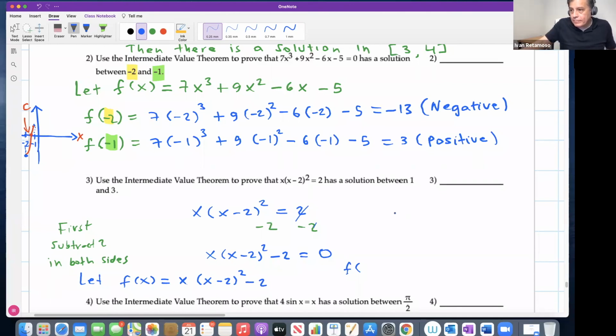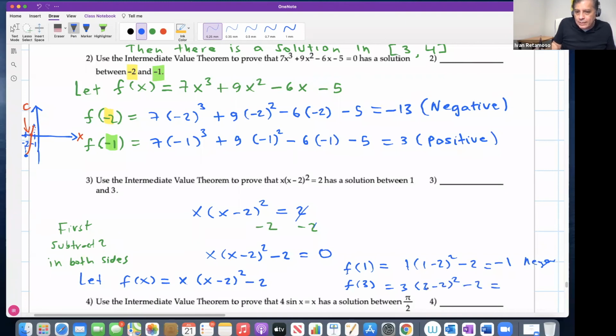So at 1, and then evaluation at 3, this will be 1 times 1 minus 2 squared minus 2, is minus 1, negative, which is good. Well, we see what's the other. The other will be 3 times 3 minus 2 squared minus 2. This is 1, 3 minus 2, 1, positive. Good, so then there is a C.